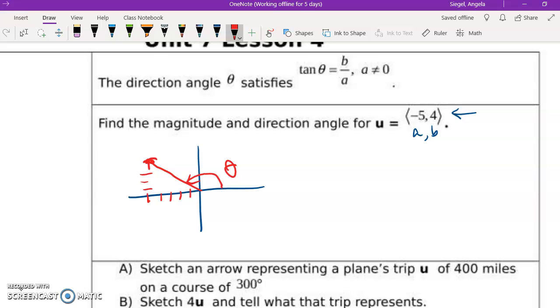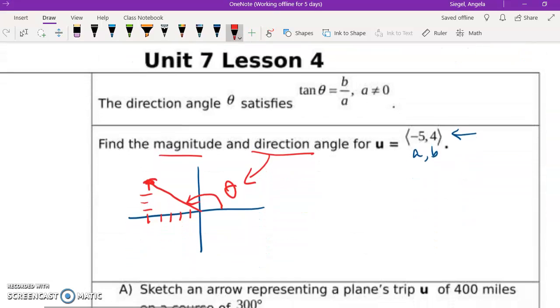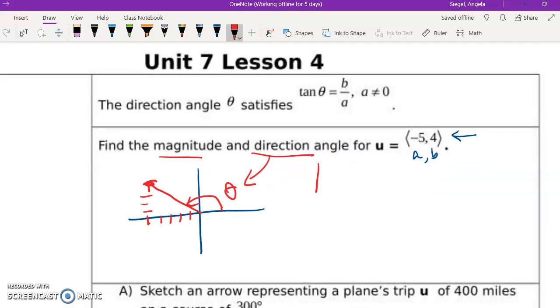So let's talk about the magnitude of this, and then we can talk about the direction. So the direction, that's going to be your theta. The magnitude, we're going to go back up and put it into this formula. So we have this u, and remember, that's what I'm talking about right there.